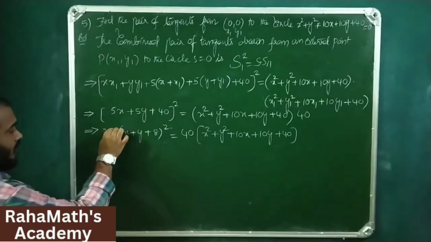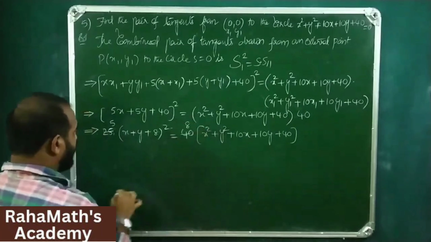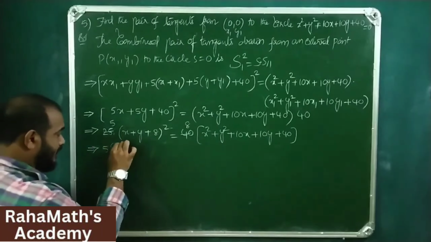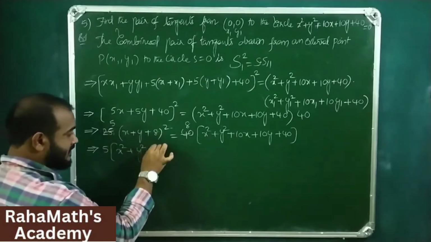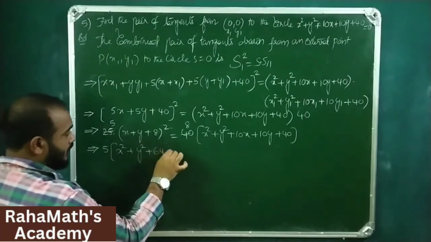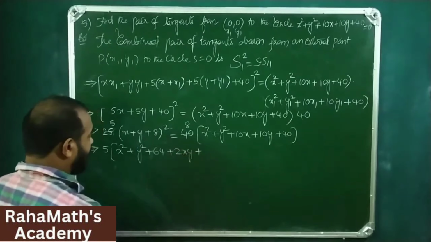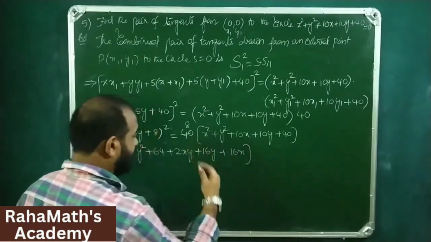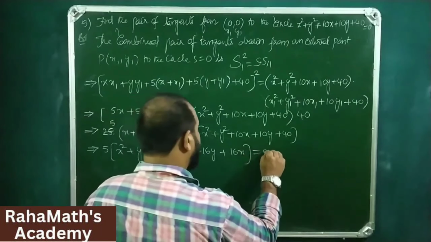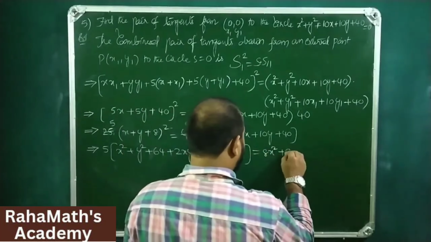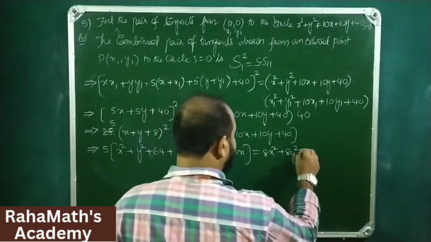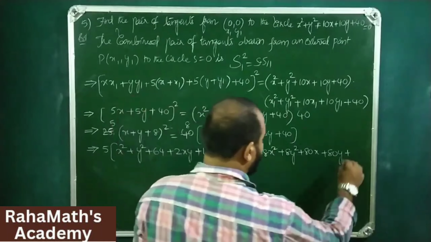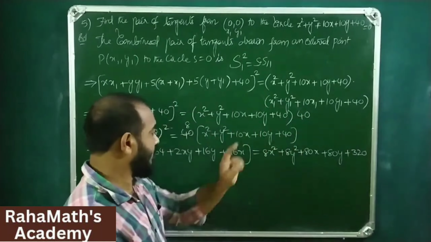So 5 3s, 5 5s, 5 8s. This is 5 into (a plus b plus c) whole square, a square plus b square plus c square plus 2xy plus 2 8s is 16y plus 16x, equals 8x square plus 8y square plus 80x plus 80y plus 320. 8 40s.